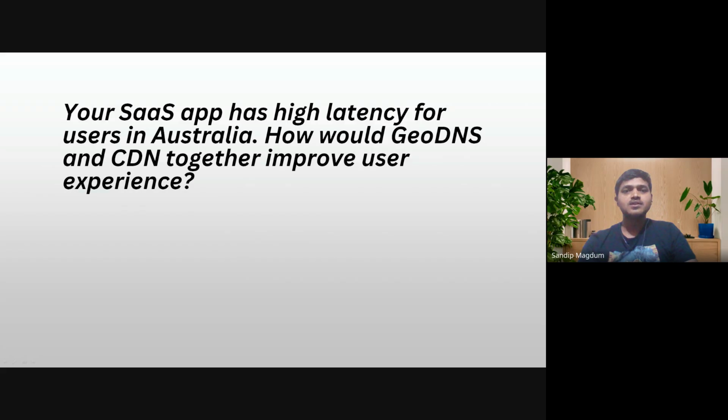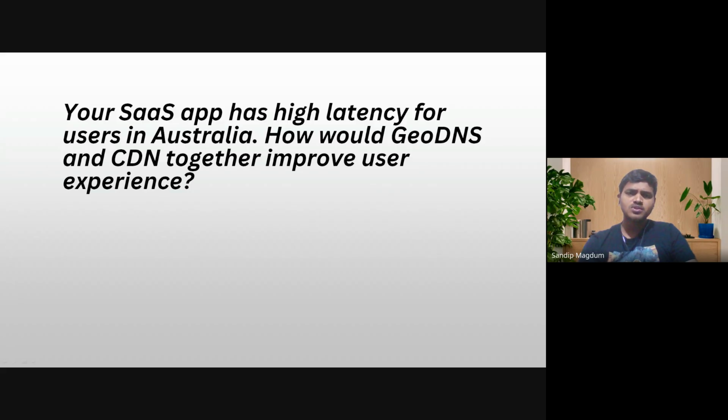In our case, we deploy an additional server in a Sydney region, in a cloud like AWS, Azure or GCP, and we configure the GeoDNS. So requests from Australian IP ranges resolve to the Sydney region.